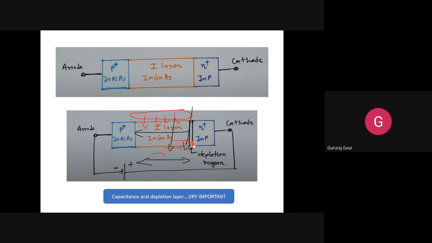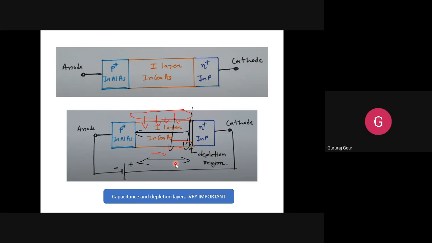So in order to widen this, we have to connect the anode, which is connected to P plus, to negative, and N plus, the cathode, to positive. This is going to drag apart the smaller depletion region. Let this I layer, the intrinsic or depletion layer, become larger so that more photons can be absorbed.